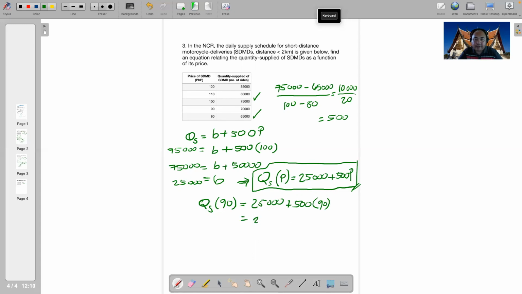That's 25,000 plus 45,000, so this is actually 70,000, which is correct. You see, when the price is at 90, the quantity supplied is at 70,000 rides. So that confirms that the quantity supplied equation model that we got is correct.